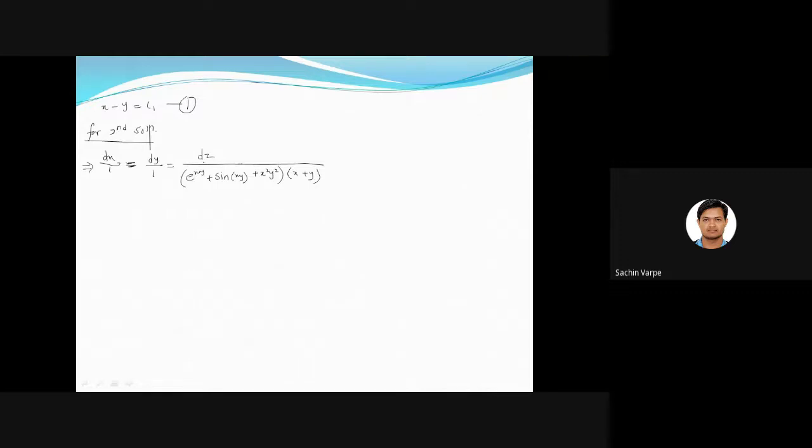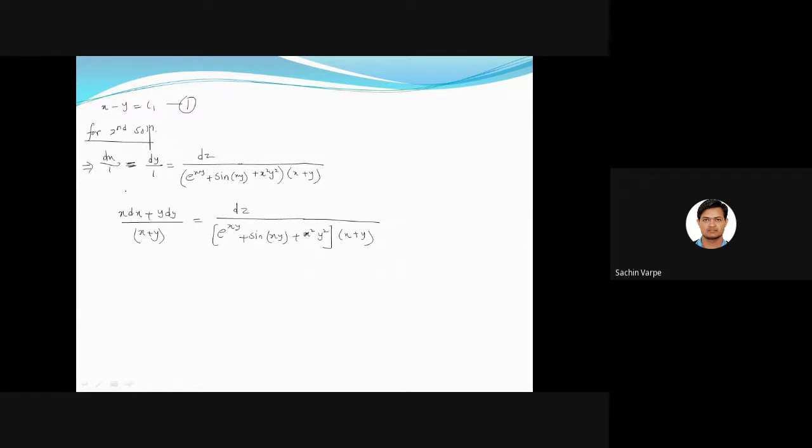So what we do here, if I multiply the first two ratios by x and y, then what I'll get here, x dx plus y dy upon, and that is equal to the fourth ratio, that is dz upon (e to the power xy plus sine of xy plus x square y square) the whole times xy, x plus y.